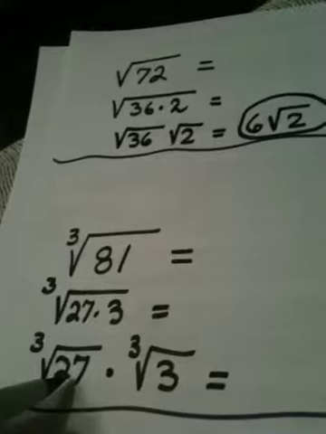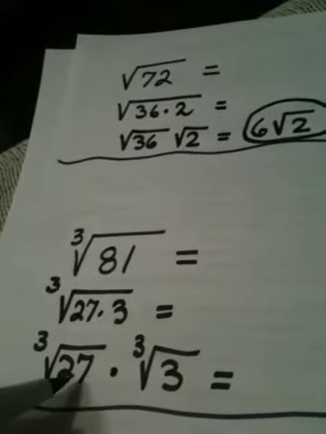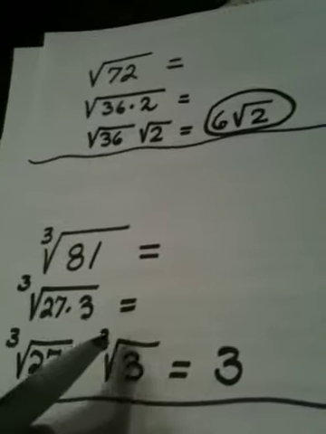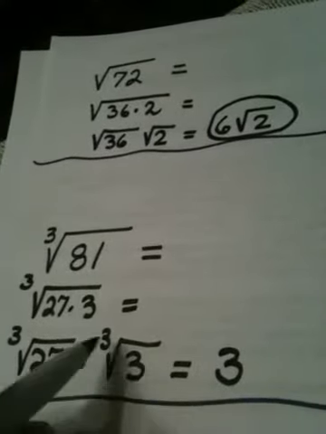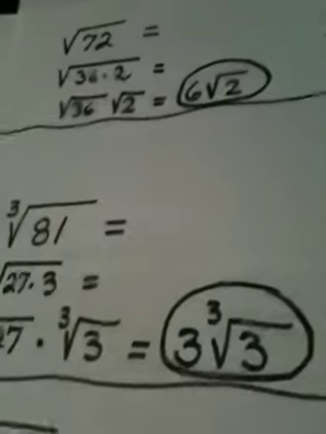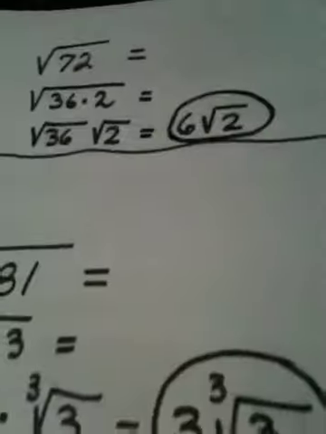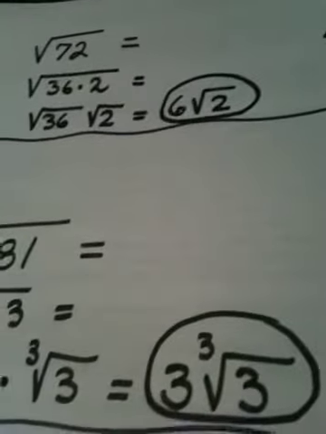The cube root of 27, what times what times what gives me 27? That would be 3. And the cube root of 3, 3 is not a perfect cube, so it remains under the radical. And it is very important that you put the index with it. Up here it doesn't matter because the index is a 2, it doesn't have to show. But when the index is a 3, it has to show.